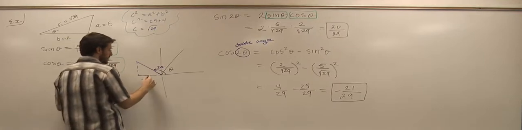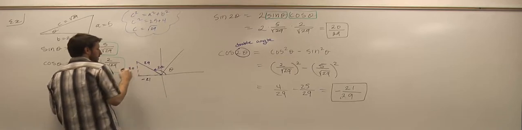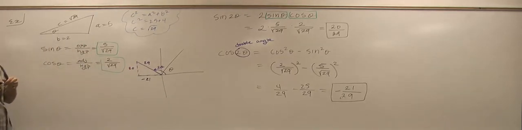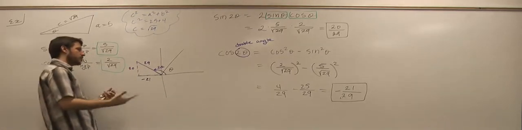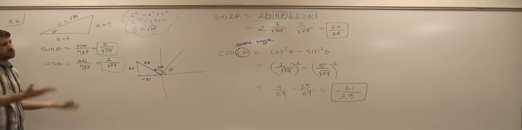Cosine is adjacent over hypotenuse, and the sine is opposite. So what cosine of 2 theta being negative tells me is that doubling my angle put me in a different quadrant.